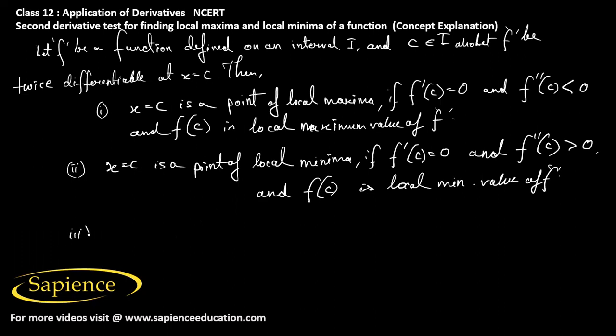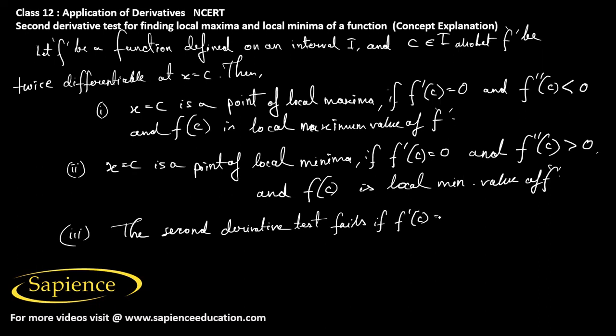So then the second derivative test fails if f dash c is equal to 0, and f double dash c is also equal to 0.